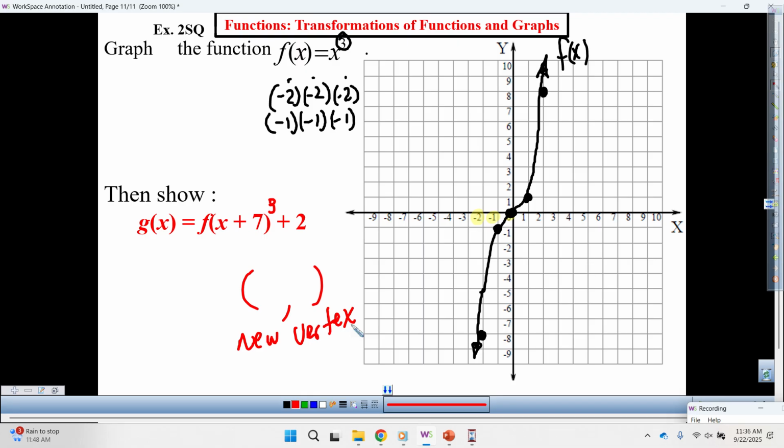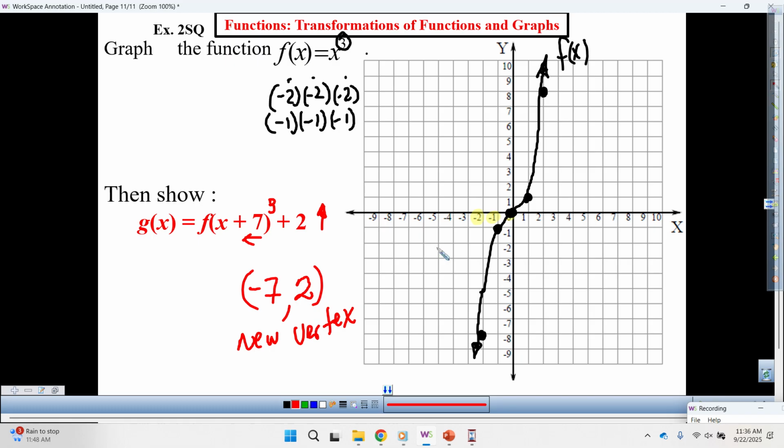All right. So Aliyah, where are we moving it to? Up 2, left 7. So if we're up 2, that means it's positive 2 here. Is that correct? And if we're going left 7, what is that number, everyone?